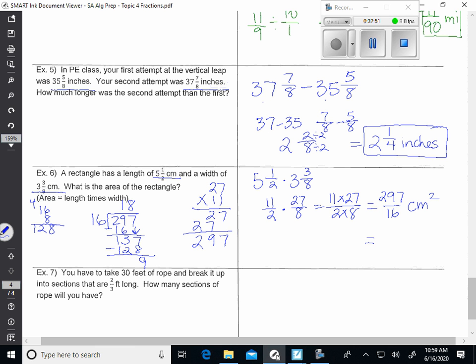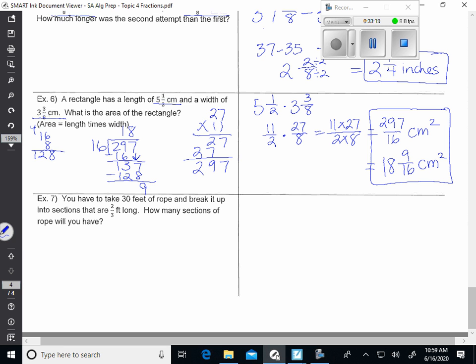So that means you have 18 9/16. 9 over 16 cannot be reduced. Centimeters squared. So again, it does take some work, a little bit of arithmetic. Sometimes you got to do it off to the side, but sometimes that is what it is.